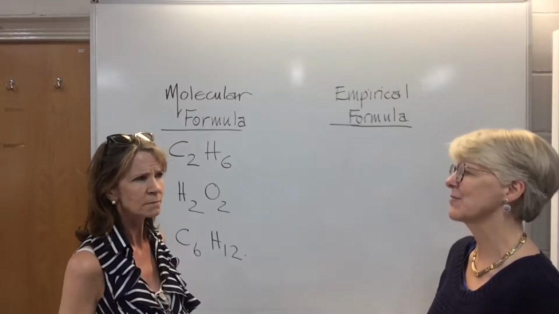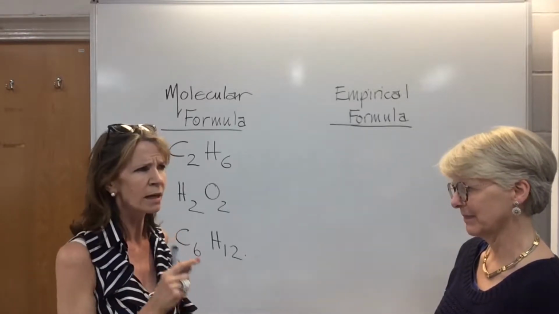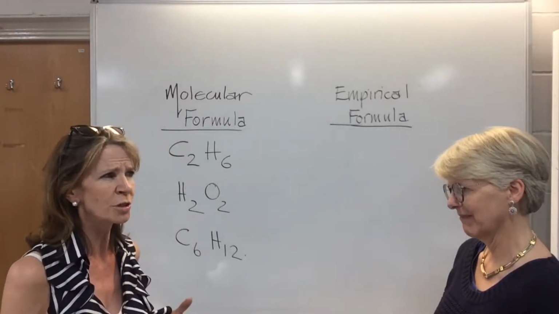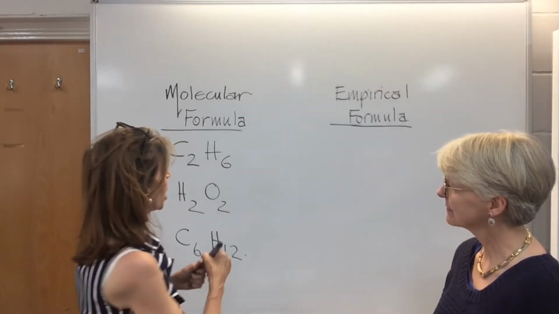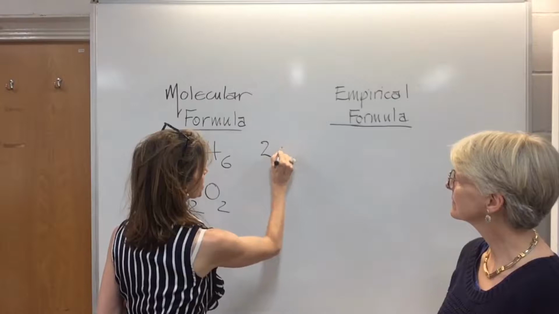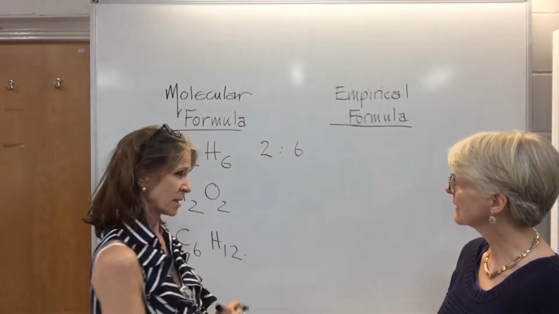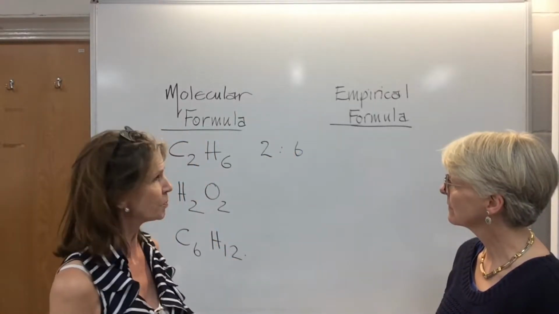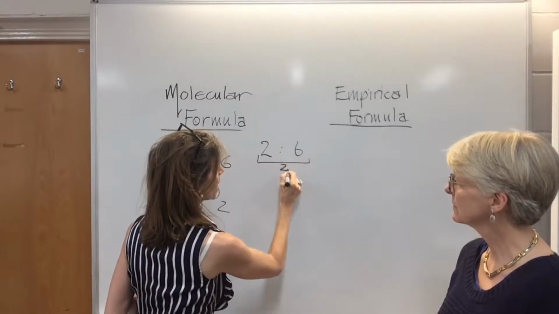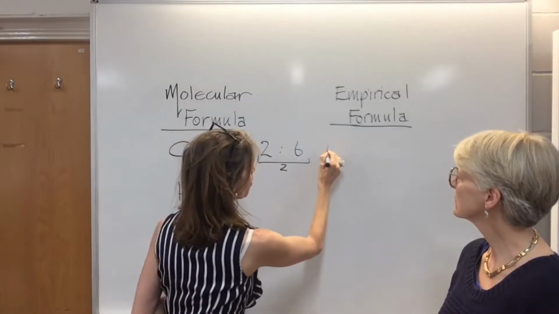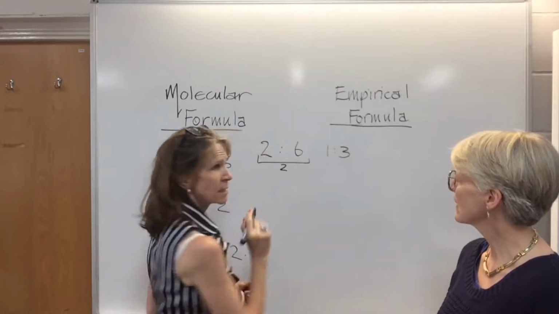The simplest ratio. Perfect. So let me just try one and you can tell me if I'm getting the idea of it. Okay. So here we have 2 carbons with 6 hydrogens. Yes. So the simplest ratio would be if I divide that by 2, then I would get 1 to 3. Is that correct? Correct.